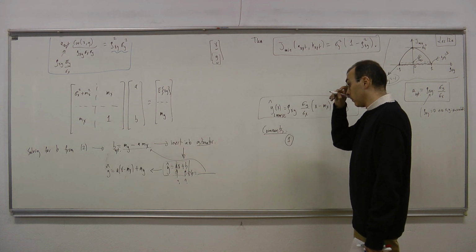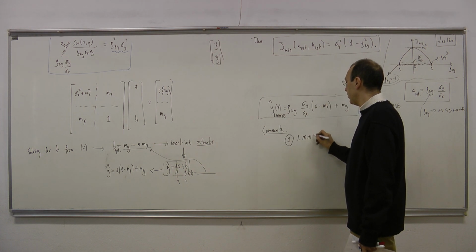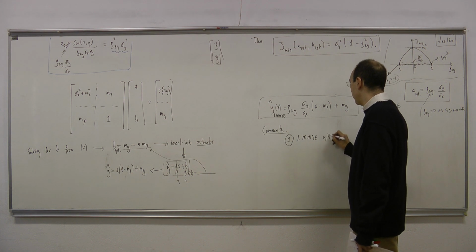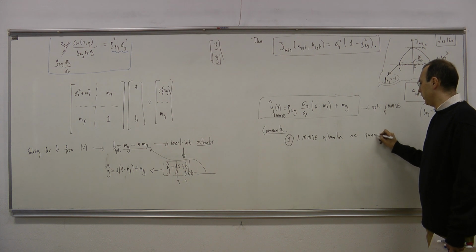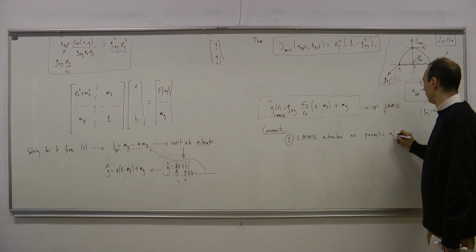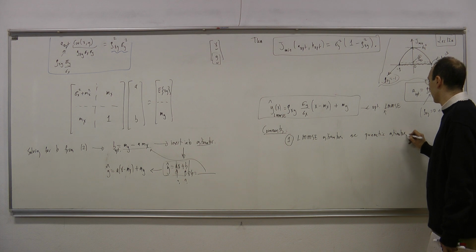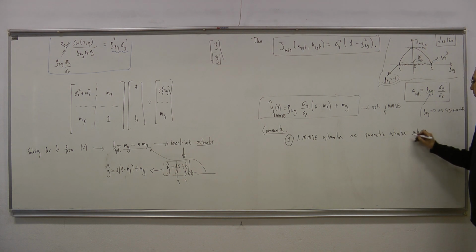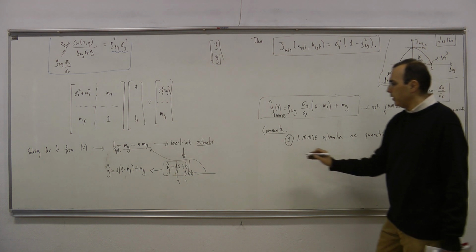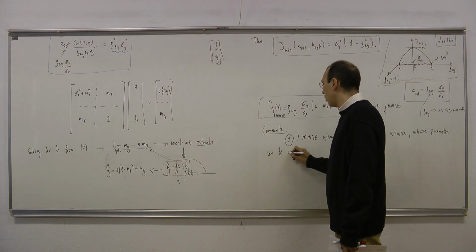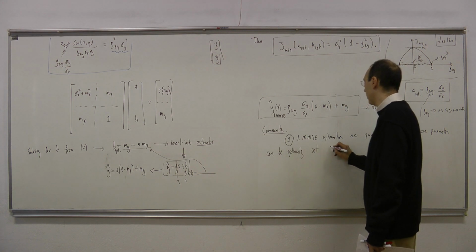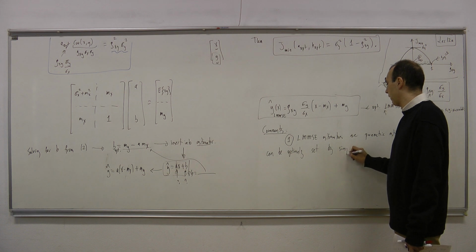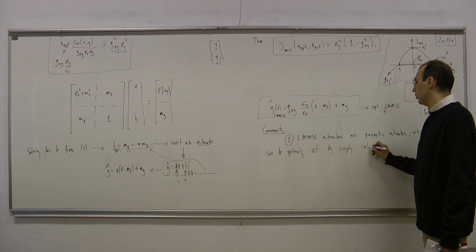Number 1, linear MMSE estimators are parametric estimators whose parameters can be optimally set by simply, let's say, calculus.